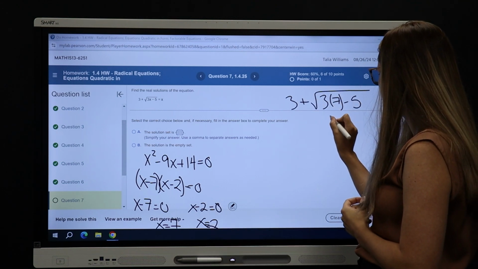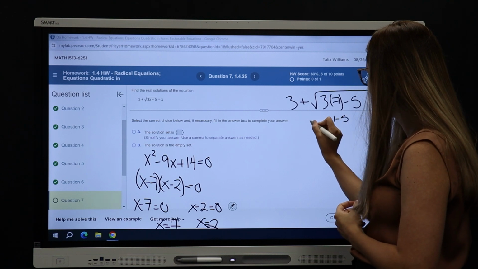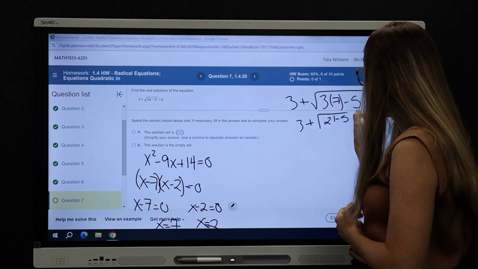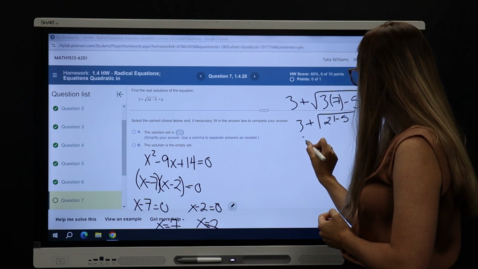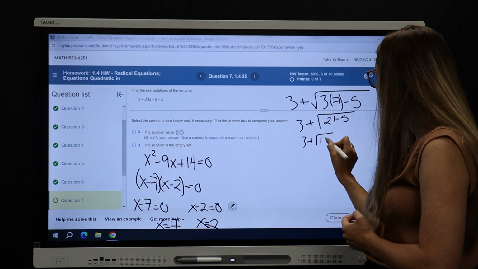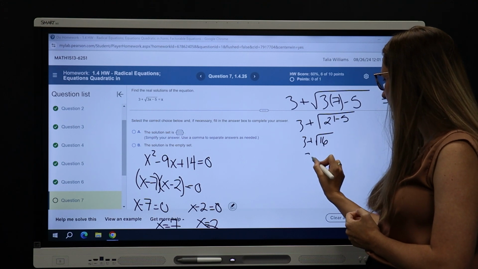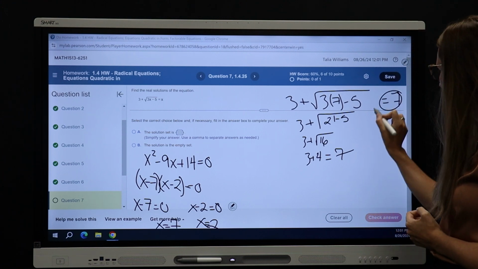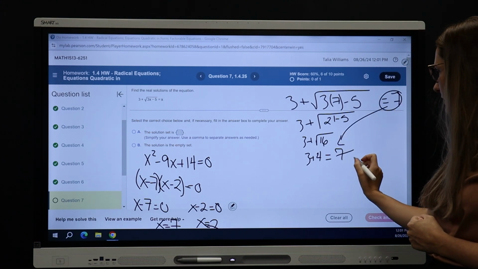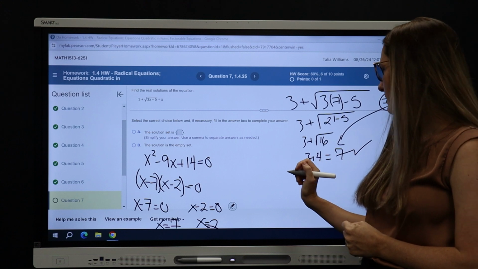So 3 times 7 is going to be 21 subtract 5. Then I'm going to have 3 plus the square root of 21 subtract 5. 21 subtract 5 is 16. So we have 3 plus the square root of 16. The square root of 16 is 4. Does that equal 7? Because we are checking this. Since it does, check. 7 is a solution.